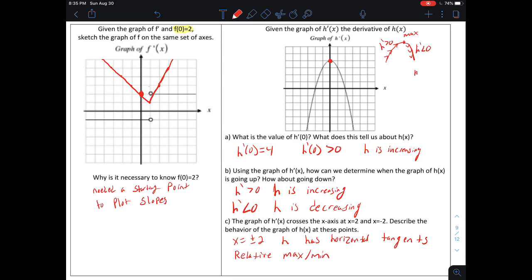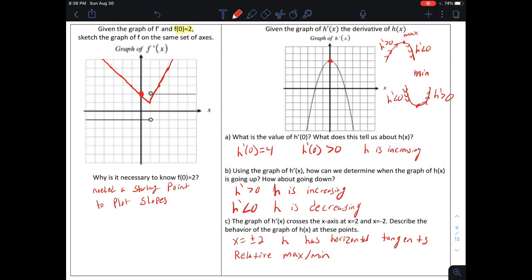And vice versa for a minimum. Here, I would go from decreasing, meaning my derivative is less than 0, to increasing, meaning my derivative is greater than 0.